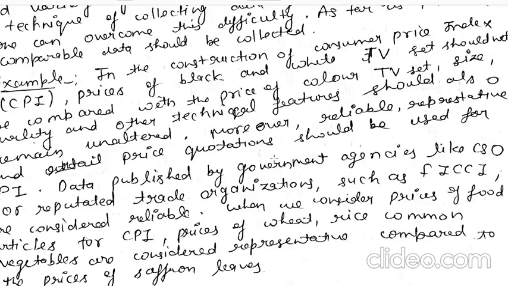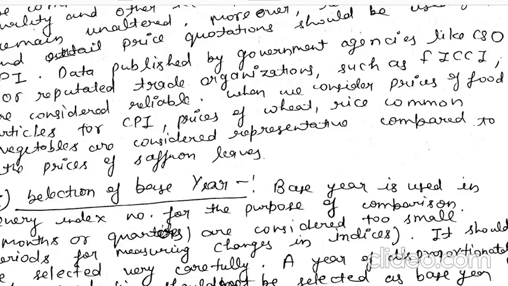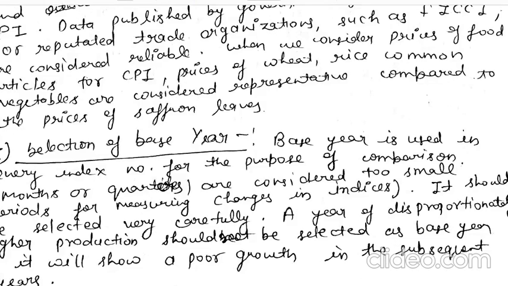That means we cannot compare these to saffron, right? So these are your examples related to selection of data.